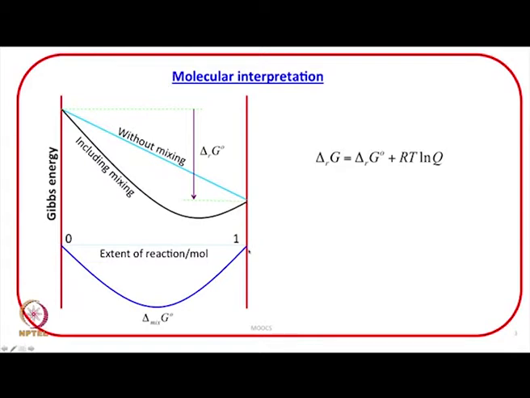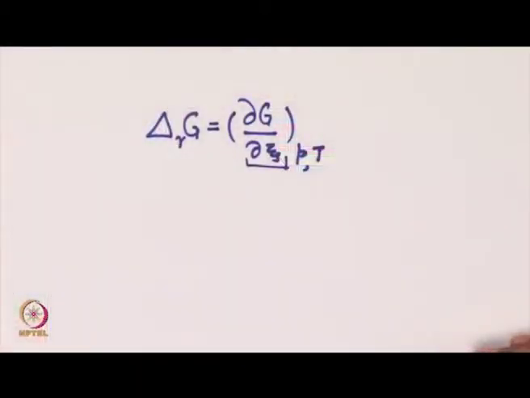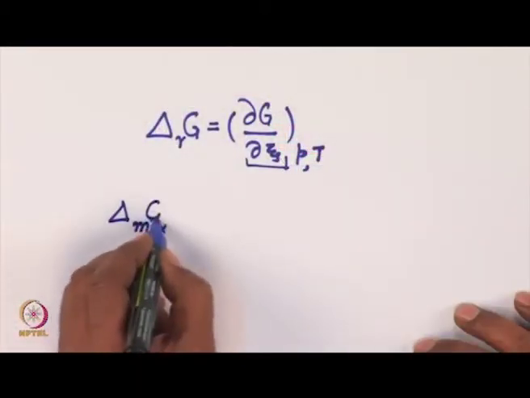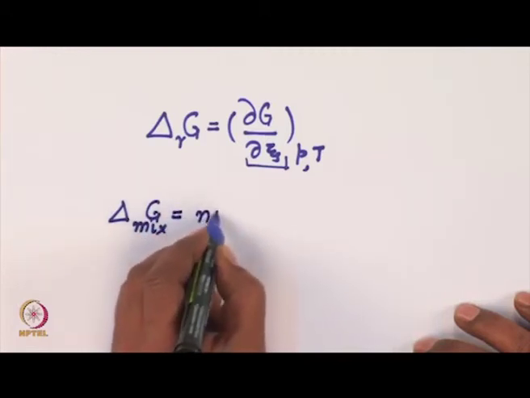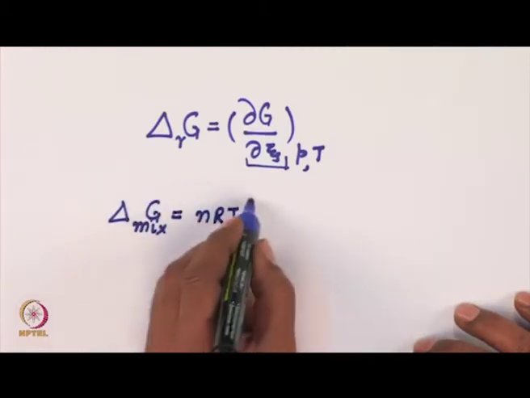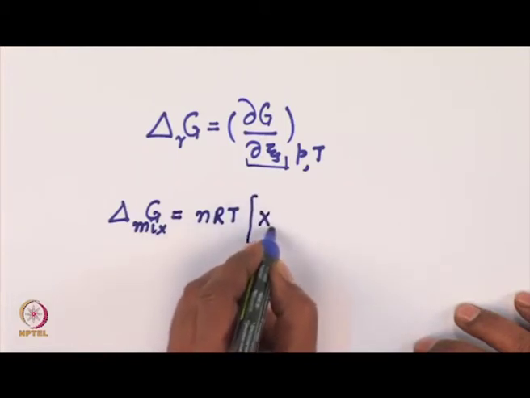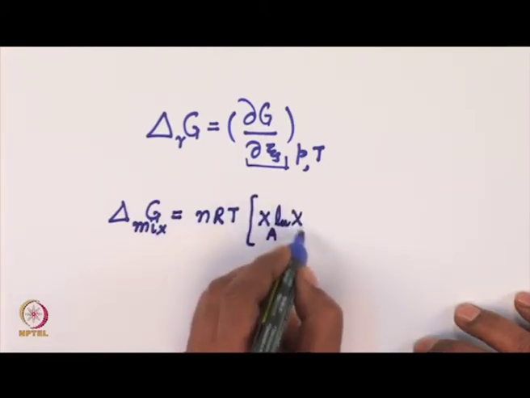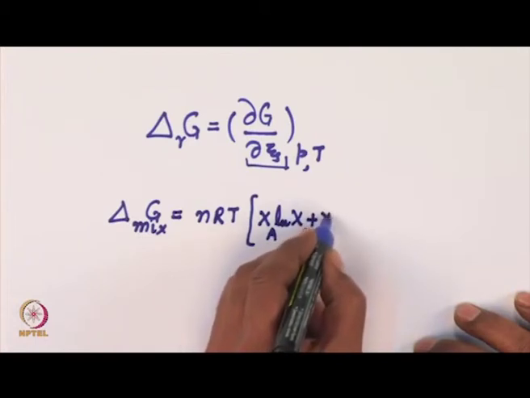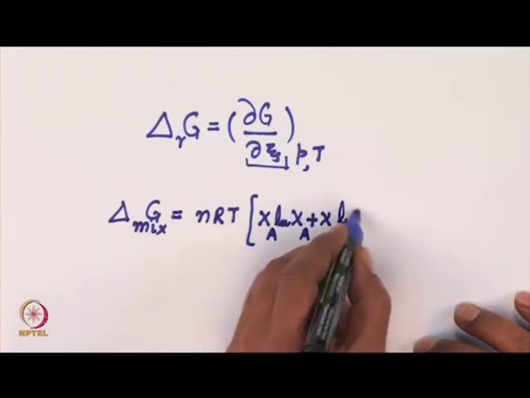But if you allow the product formed, for example, when A is converted to B and B is allowed to mix with A, then if you remember, we have discussed the free energy of mixing to be equal to nRT (XA log XA plus XB log XB).